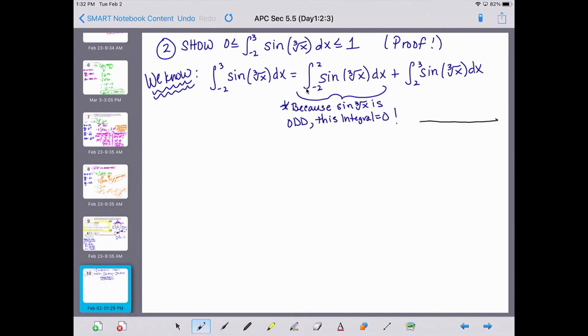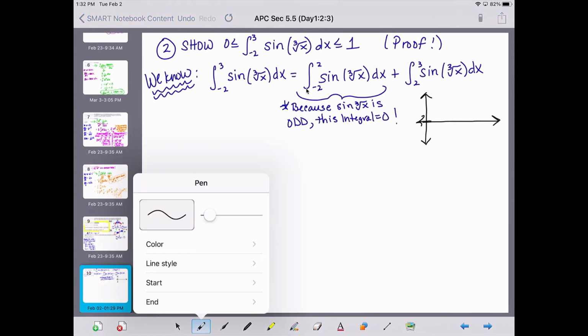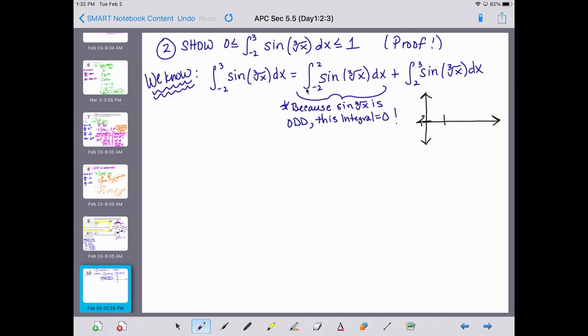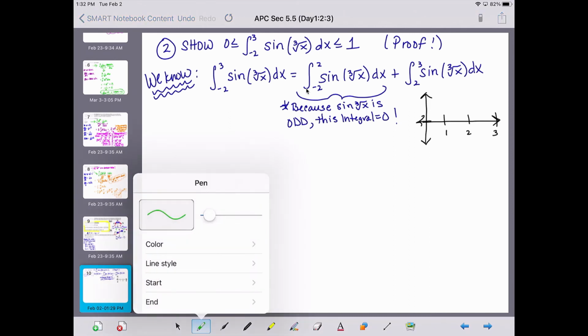Here's my x-axis. Here's my y-axis. Okay, so x equals 1, x equals 2, x equals 3. And we are just concerning ourselves between x equals 2 and x equals 3 right now.